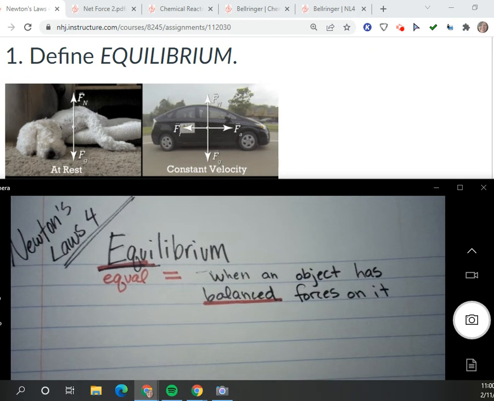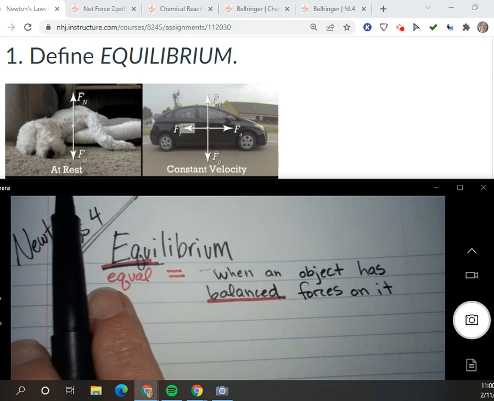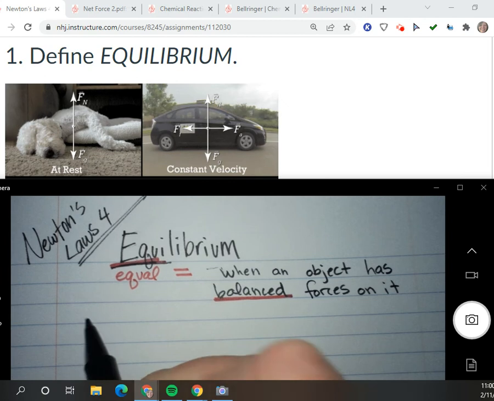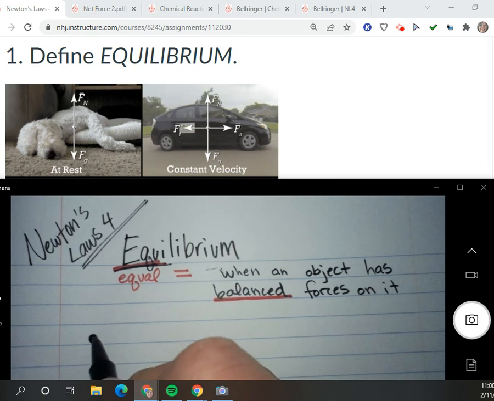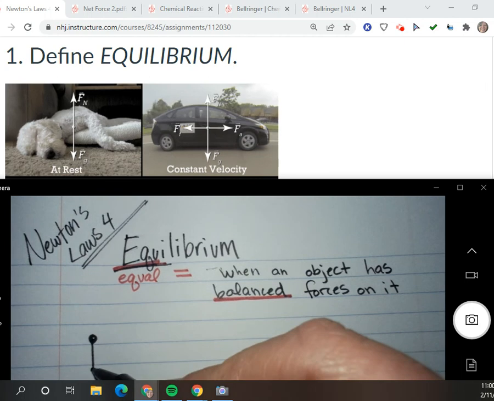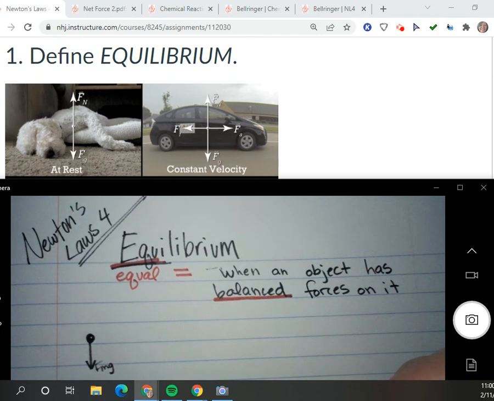Okay, they're the same. So let's consider Puppy Dog in this picture right here. Puppy Dog has balanced forces. Let's look at his free body diagram. He has his body, and with his body, he has a weight. So we have the force of mass times gravity.